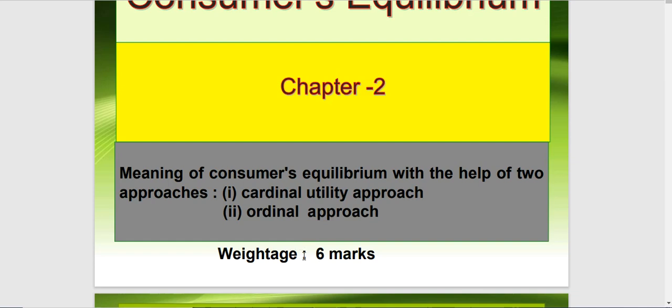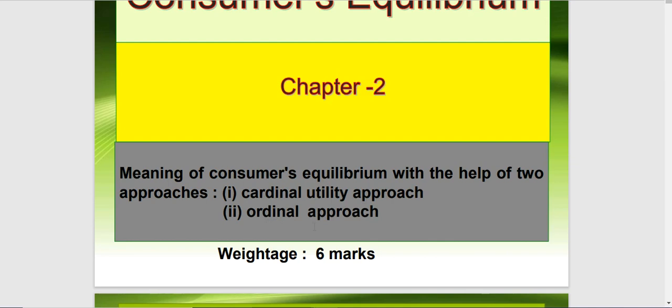Normally, you may get one question on one of the two, and normally there can be a question of 4 marks, 1 mark, and there may be 2 1 markers and 1 4 marker. Of course, more stress is given on cardinal approach as compared to ordinal utility approach.